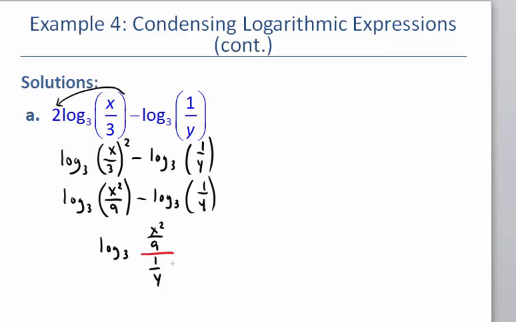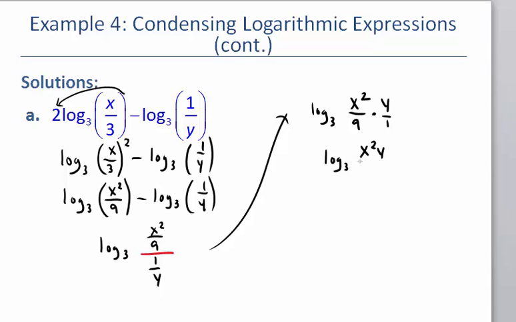We can't really divide fractions, so instead we multiply by a reciprocal. So this thing is going to look like log base 3. We're going to have x squared over 9, and we're going to be multiplying by y over 1. So we have log base 3 of x squared times y over 9. And this is our condensed version of that problem.